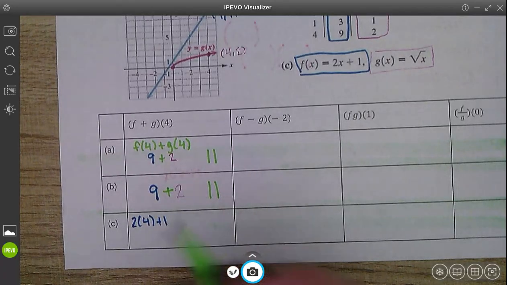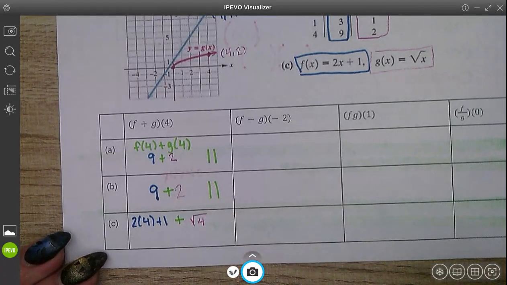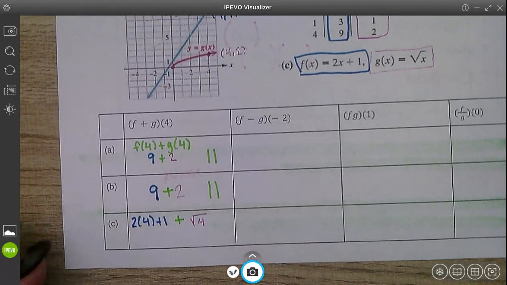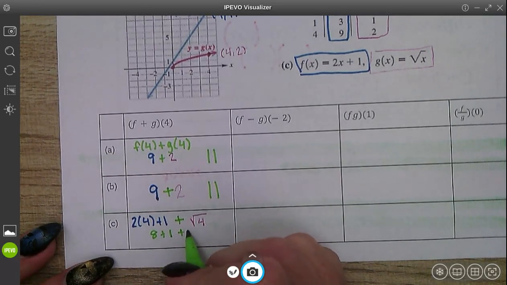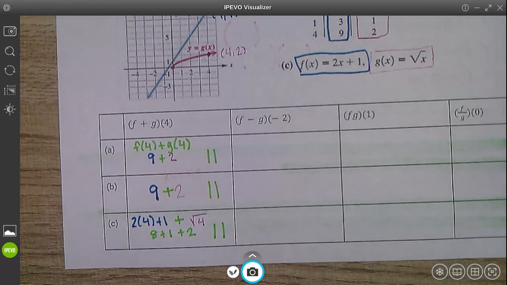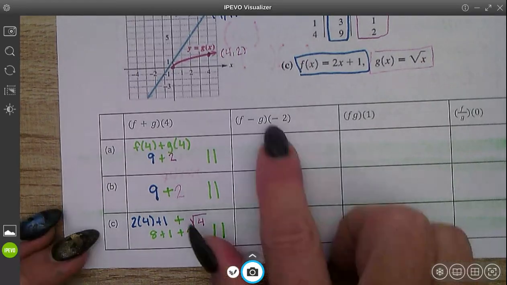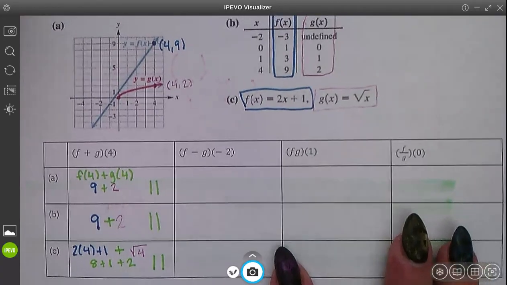And then we would substitute in 4 for g of x, so we'd have square root of 4. 2 times 4 would be 8 plus 1, and square root of 4 is 2. 8, 9, 10, 11, so we still get 11. So we should get the same answer in all three of the boxes in each column. It's just different representations.